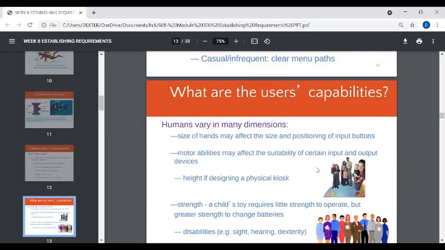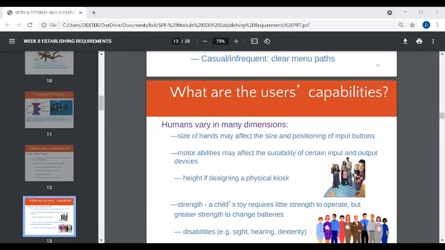So what are the user capabilities? A person's physical characteristics may also affect the design. Size of hand may affect the size and the positioning of input buttons, and motor abilities may affect the suitability of certain input and output devices.